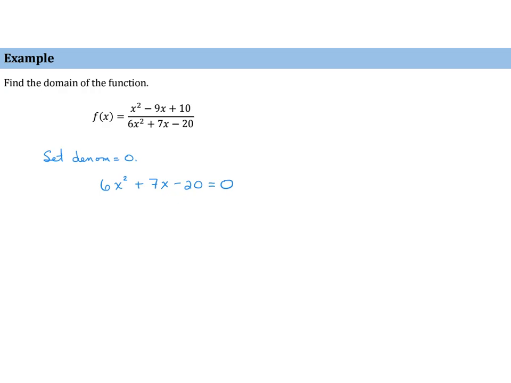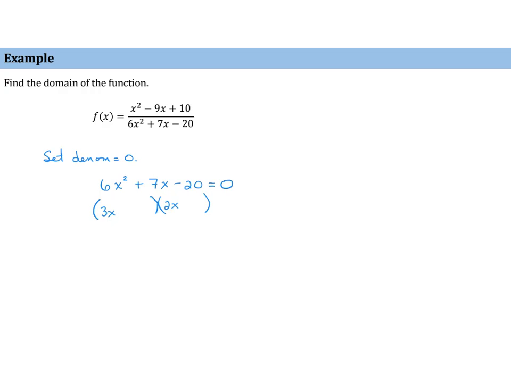So hopefully you paused the video and have tried to solve this. First line of attack could be to try to factor it. So if we try to factor this, 6x squared can be factored into 3x and 2x. Our negative 20 will have to be factored into different signs.